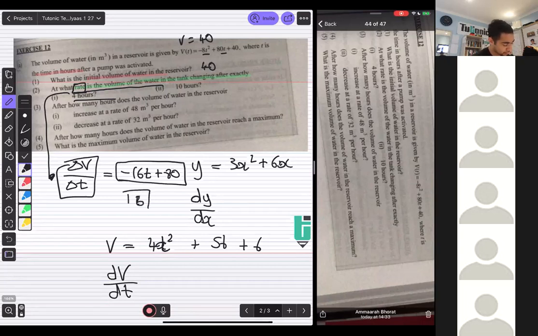So 16 meters cubed. Let's just say meters cubed per hour, since time is in hours. So after 4 hours, the volume is changing by 16 meters cubed per hour.